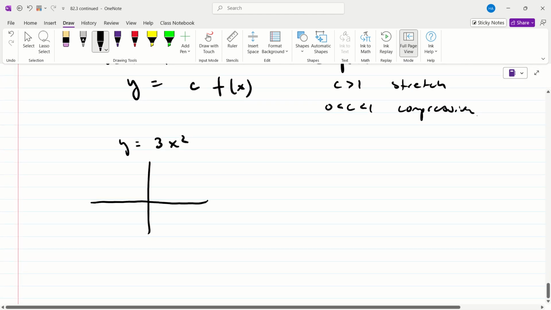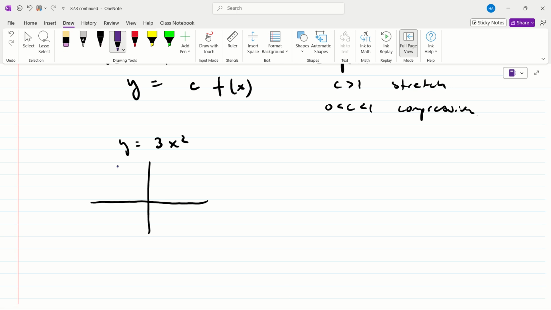If we were to graph just y equals x squared, it might look like this. But that 3 is going to stretch it vertically, and it's going to make all of these points get bigger faster, so it will look something like this. So this is considered a vertical stretch.